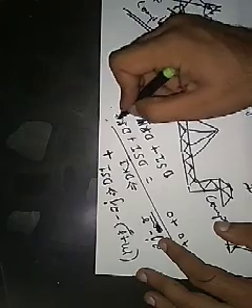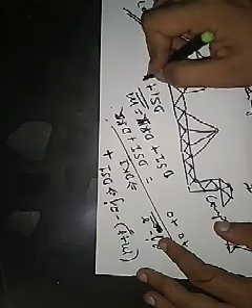The sum of degree of static indeterminacy plus degree of kinematic indeterminacy is m, the number of members. Isn't that wonderful? You just calculate one, know the number of members, and you will get the value of the other one. Isn't that simple? Yes, it is.